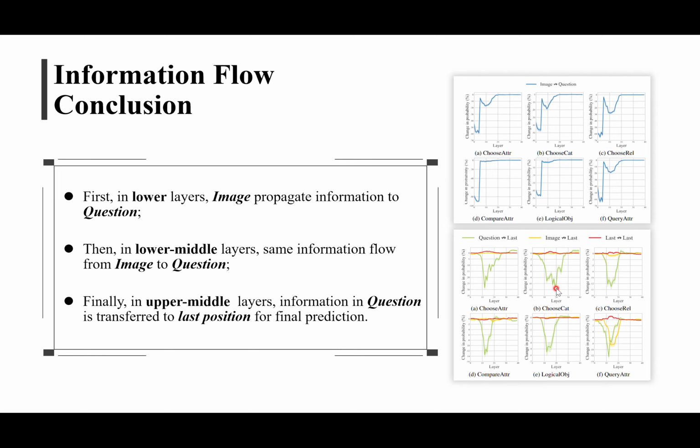So next, because we say there are two probability drops, we are going to look at what's the difference between these two information flows from the image to the question.